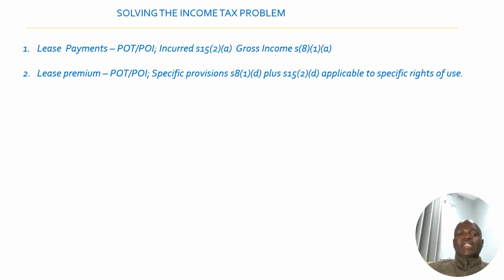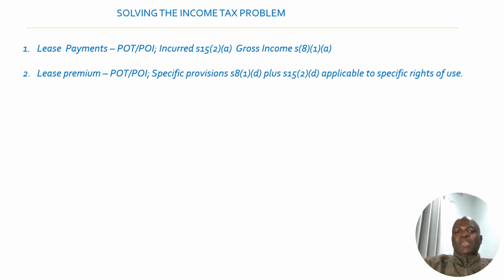But the next set of payments is the premium, where there is an excess. Here, you're no longer using the general deduction formula or the gross income formula. For the premium, when you're looking at the lessor's perspective, you have to use Section 81D, which says the premium is included in gross income at the earlier of the receipt or accrual.